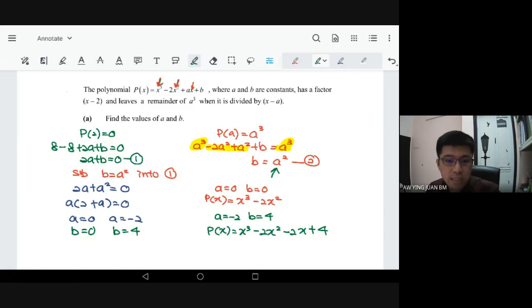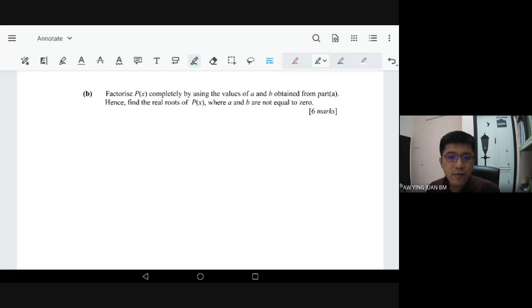We have to bring these two cases to part B. Referring to B, factorize p(x) completely by using the values of a and b obtained from part A. Case number 1, p(x) equals x to the power of 3 minus 2x squared.